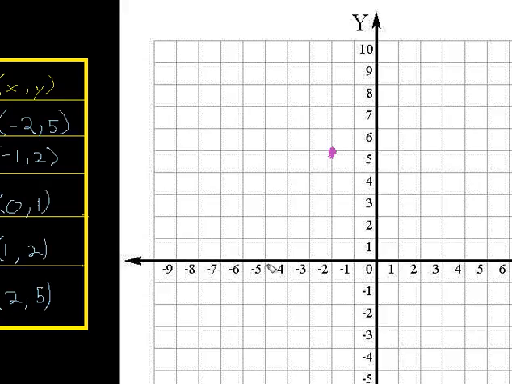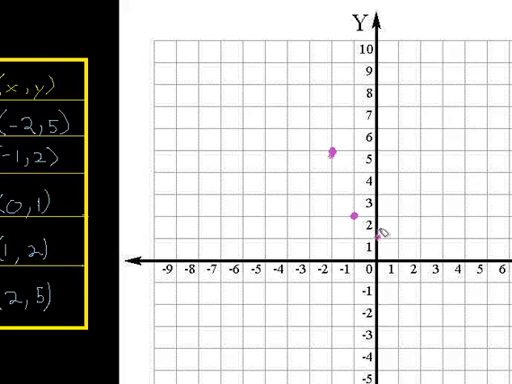So now my next set is -1, 2. So I'm going to go across -1 and move up 2. And now my next value is 0, 1. So that is easy because I'm at 0. All I've got to do is move up 1.